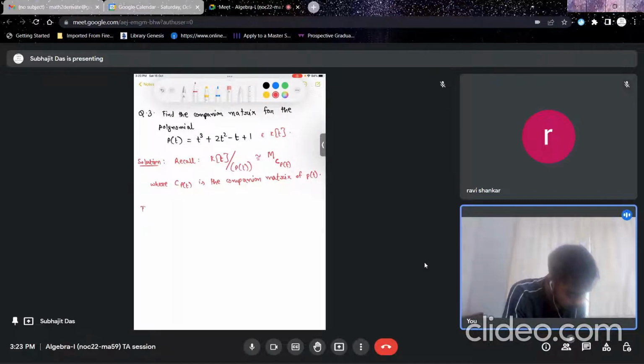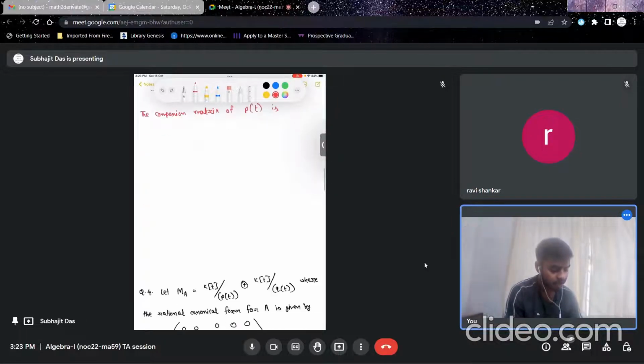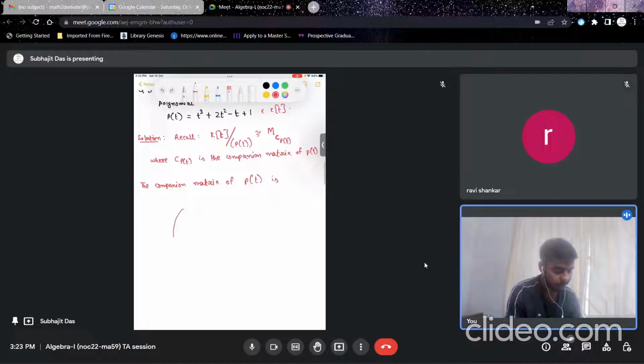So the companion matrix of p(t) is this, right? First of all, what should be the dimension of this matrix? As we can clearly see, this polynomial has degree 3, which means the dimension of this matrix should be 3 cross 3, right?